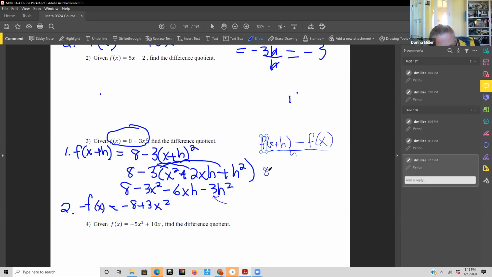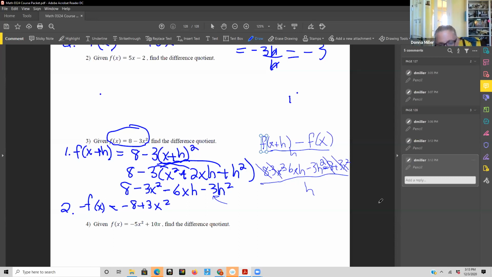So it's 8 minus 3x squared minus 6xh minus 3h squared. I'm going to do minus f of x, so that's minus 8 plus 3x squared, all over h. Everything without an h should cancel, because see the 8's cancel. I've got 8 minus 8, and I got negative 3x squared and positive 3x squared.